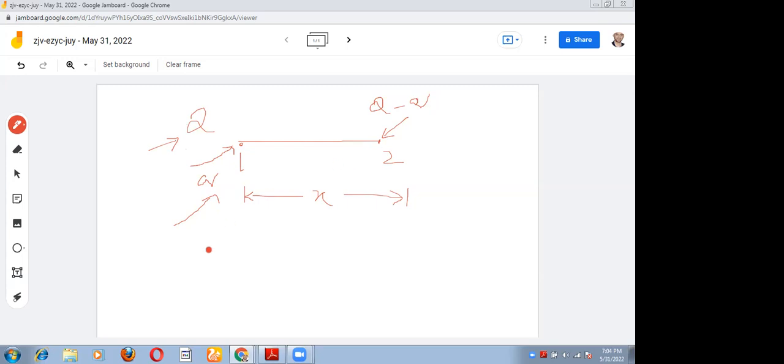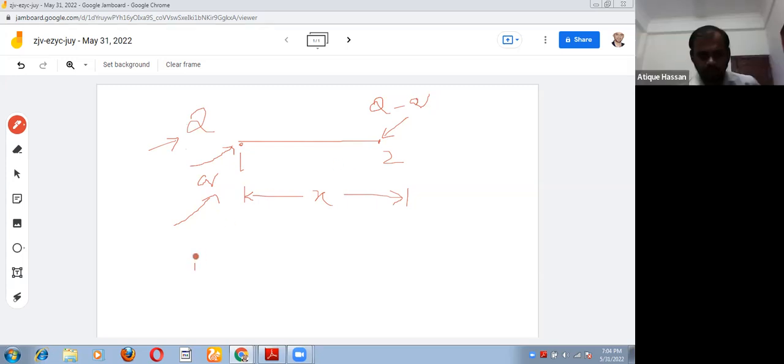So what will be the force? Now apply Coulomb's law. The force between 1 and 2 will be, suppose the charge on 1 is q1 and the charge on 2 is q2, so it should be k q1 q2 upon x square. So it is k by x square.